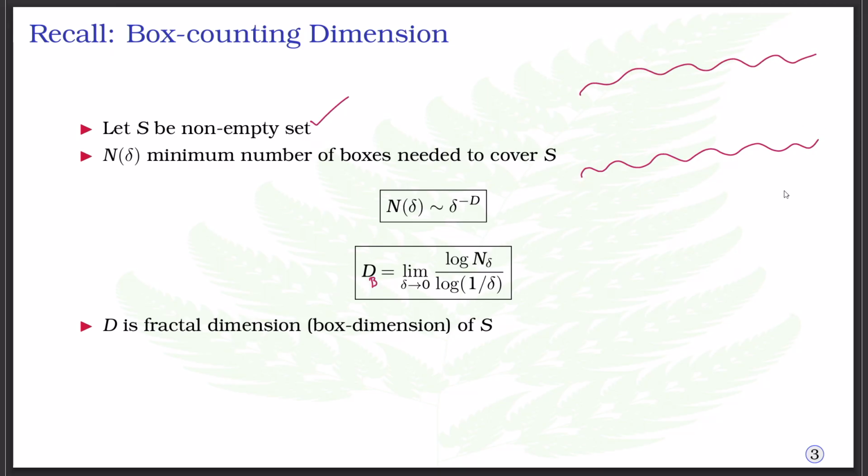Consider these both are the same object. The d H method finds the Hausdorff dimension of the object. This d B denotes the procedure for finding the box counting dimension.